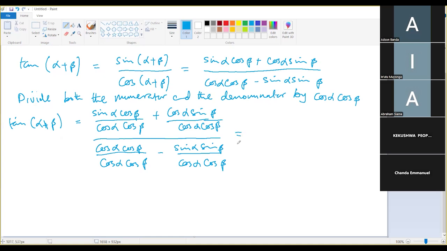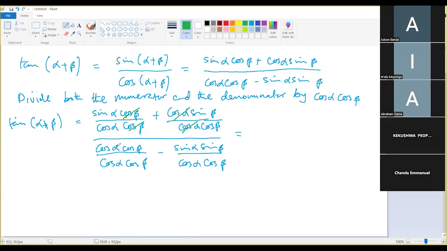Right, so then what we see is that when we do this division, of course, we have some common factors, if I can call them that way. So you can see that we have cos beta and cos beta there, and then here we have cos alpha and cos alpha.